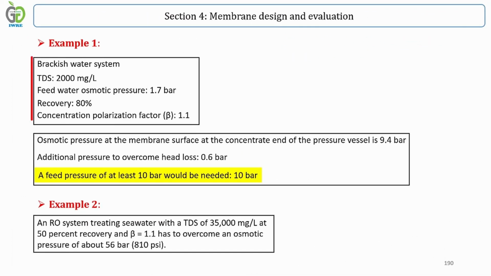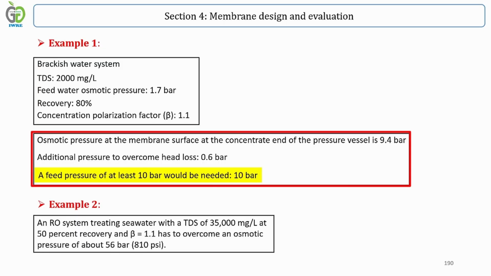For example, for a brackish water system with 2000 mg per liter of TDS, the feed water osmotic pressure is about 1.7 bar. With 80% recovery and a concentration polarization factor of 1.1, the osmotic pressure at the membrane surface at the concentrate end of the pressure vessel is 9.4 bar.